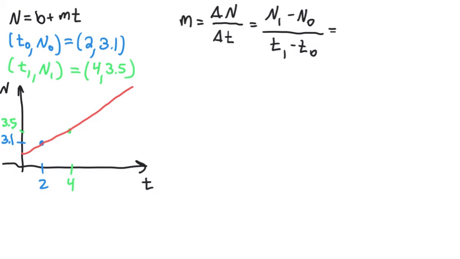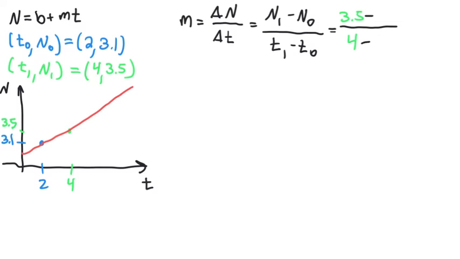And now I'm going to plug in my values. We have that n1 is 3.5. And if I want to make sure I'm doing things correctly, I should have outputs on the top. So 3.5 is the output. And then its corresponding input value should be the first thing that we see below the fraction, in the bottom of the fraction.